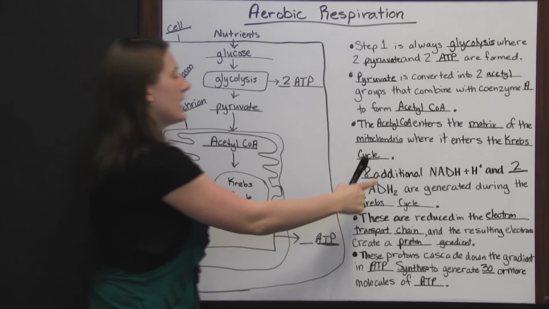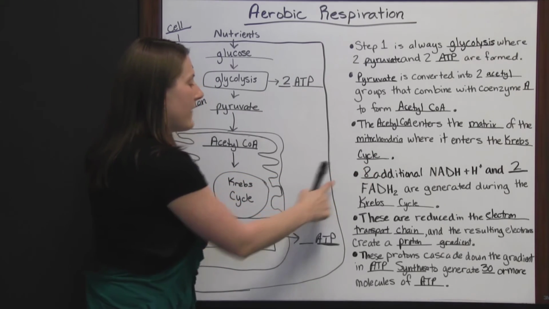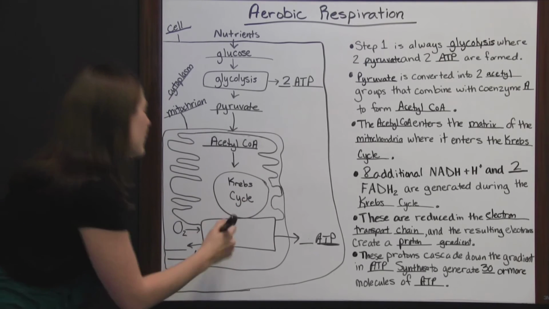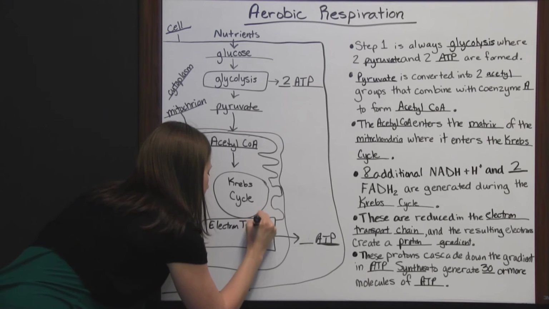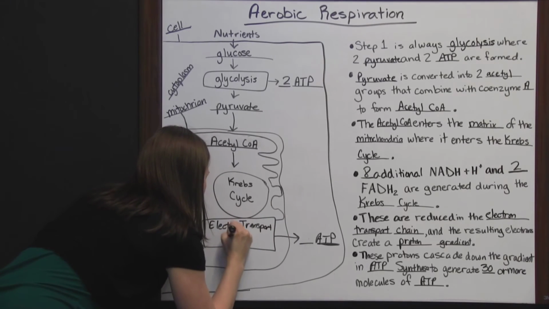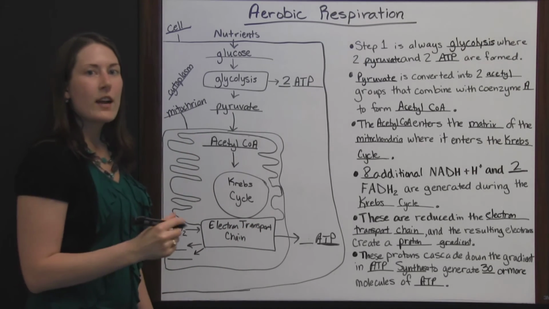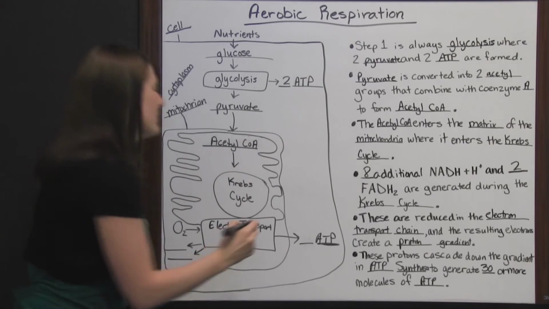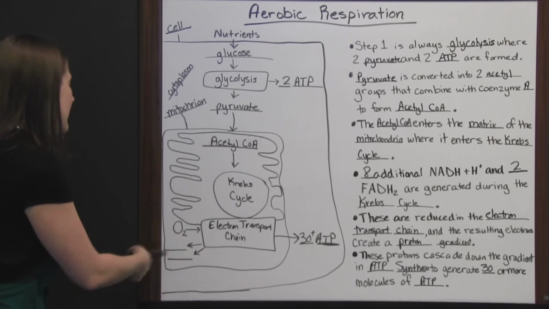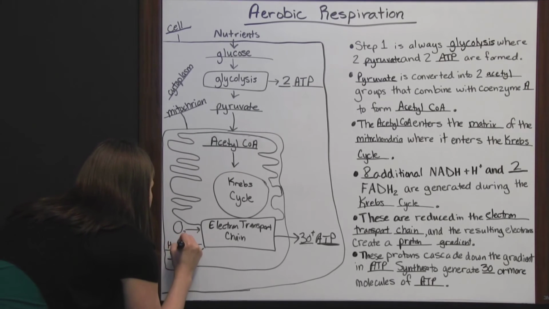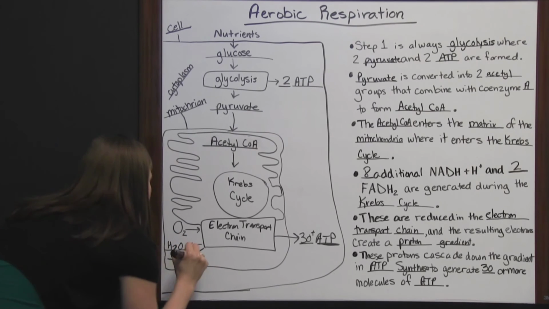During the Krebs cycle, we're going to get these molecules we talked about, our hydrogen-rich NADH and our FADH, and they're going to enter the electron transport chain. And as they are reduced, they form that proton gradient. The protons cascade down and generate 30 or more ATP molecules with some waste particles in the form of H2O, water, and carbon dioxide.